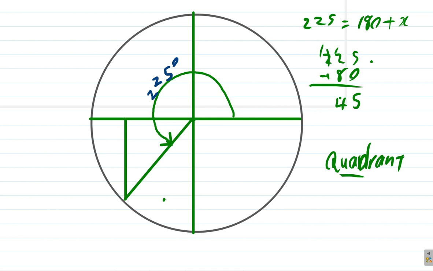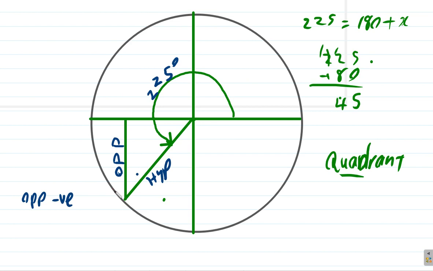Since our opposite is pointing from here downwards, our opposite is negative. Our hypotenuse is here. It does not change sign. It always remains positive. When we were going up, it's positive, but now we're going down, so it's negative for our opposite.